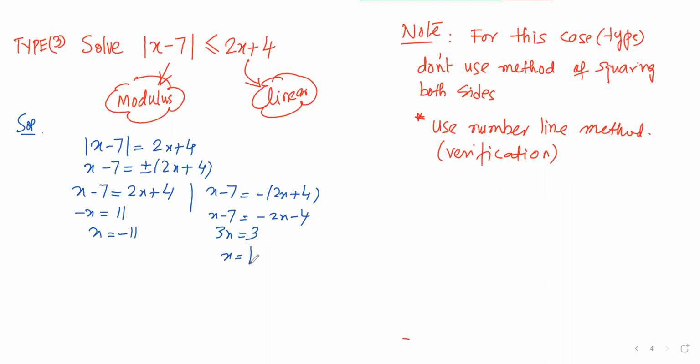These are the critical points, and then there's a step of check or verification. Verification for the answer. Draw the number line.